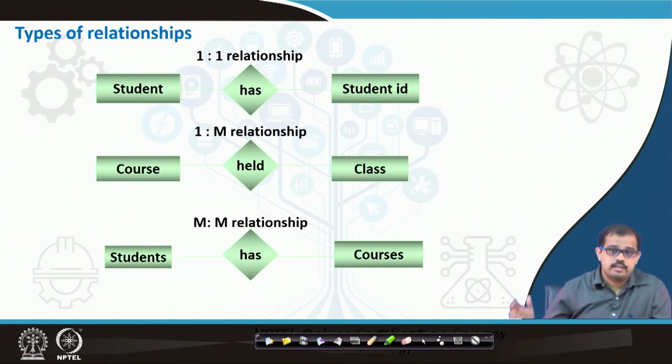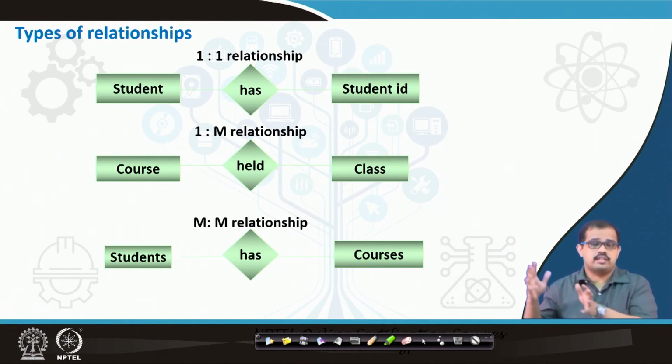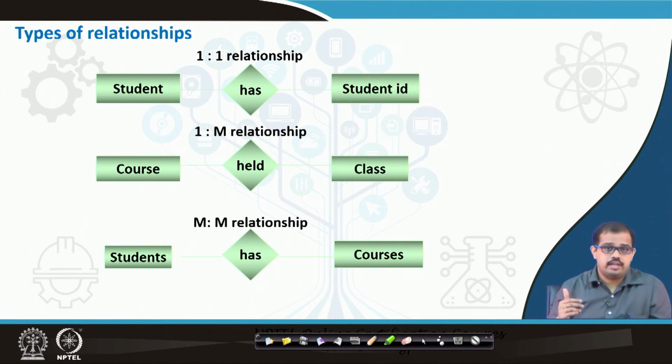Now you have many to many also, where multiple students are taking multiple courses. That means many students have many different courses. So this becomes three different types of relationship. The first kind is the 1:1 relationship, which says that one entity is related to one other entity.